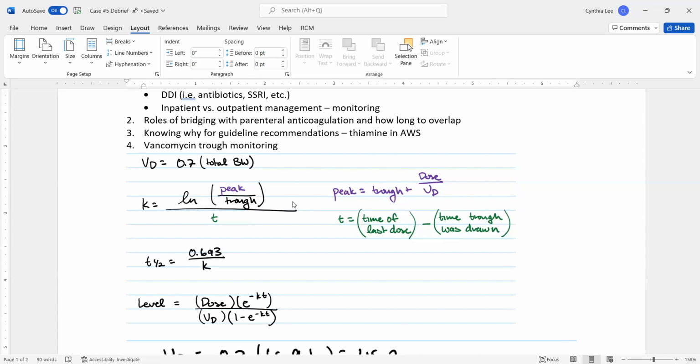AUC monitoring is mostly used if we have stable renal function, where there's not many variables that can change your levels or pharmacokinetics, pharmacodynamics, so that we can use the AUC monitoring. But for those who are renally unstable, dialysis definitely, we try not to do AUC so that we can monitor them more properly, because they're going to change every day with their renal clearance.